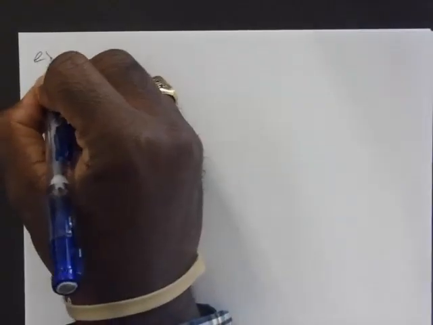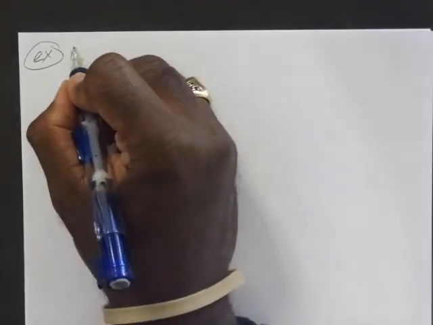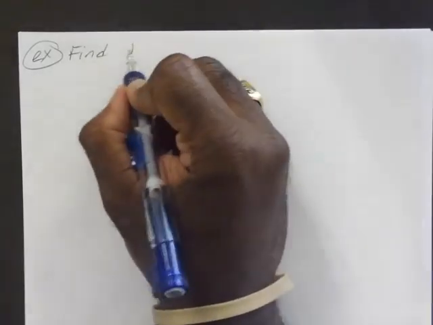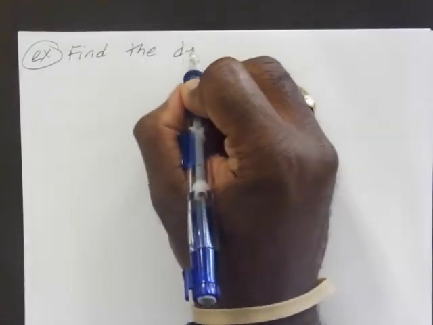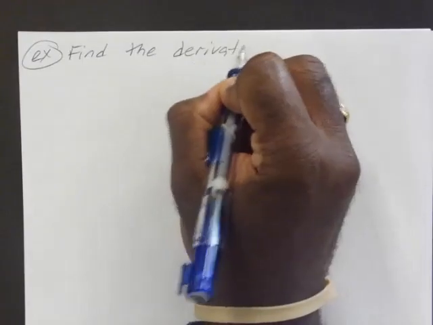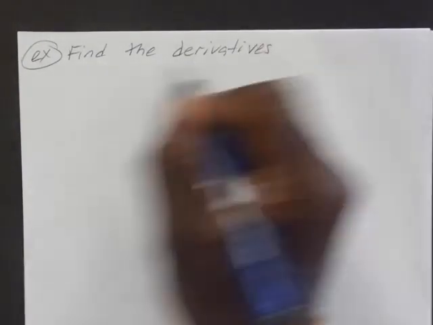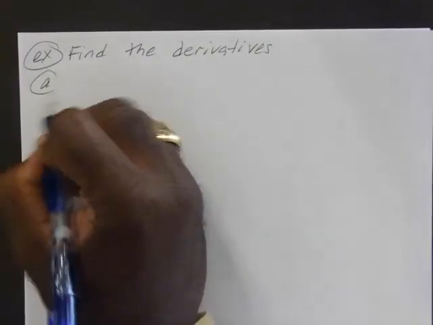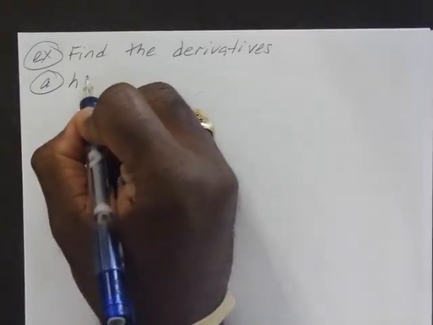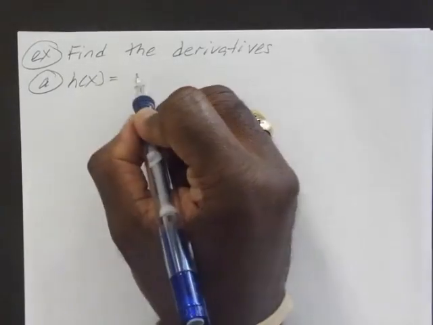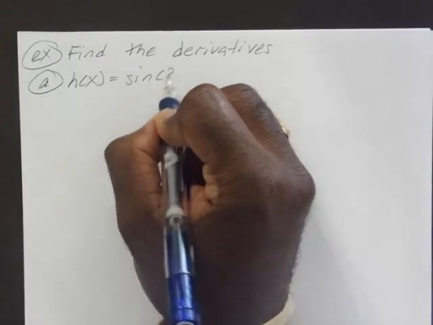Okay, so let's say, for example, we wanted to find the derivatives. Okay, so let's say for problem A, we have h of x is equal to sine of 2x.